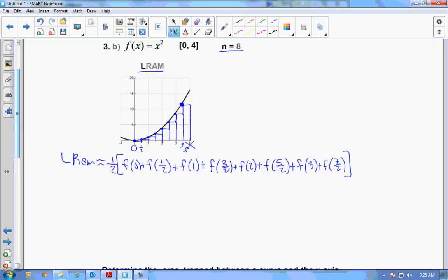In this case, I would think it'd be easiest to keep them in fraction form because squaring, you can get a common denominator.